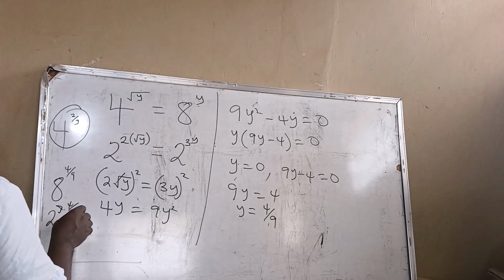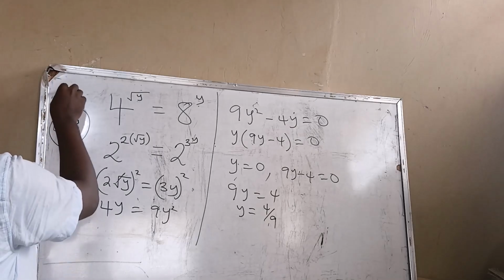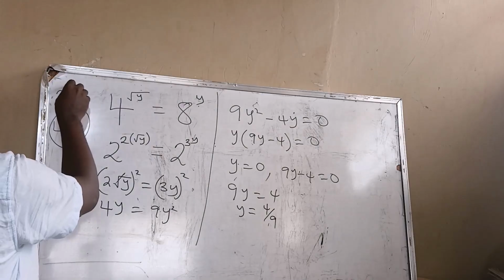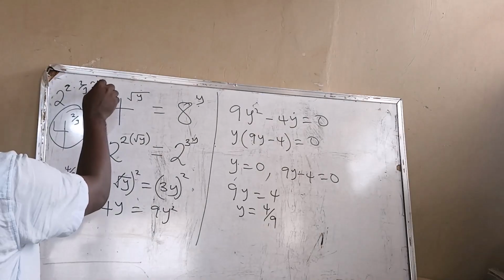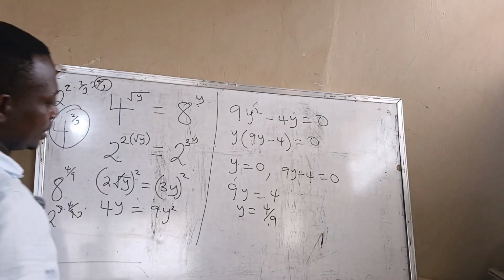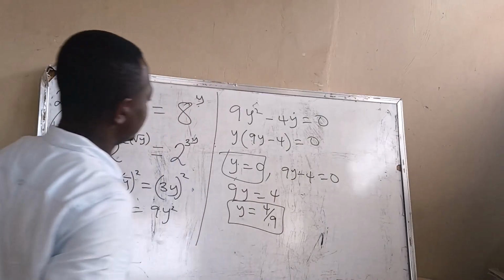So 3 here, 3. That will be 4 on 3. So this side is the same as 2 to the power 2 times 2 on 3. That will be 4 on 3. So hence proved. Okay, so we have the solution to that. All right.